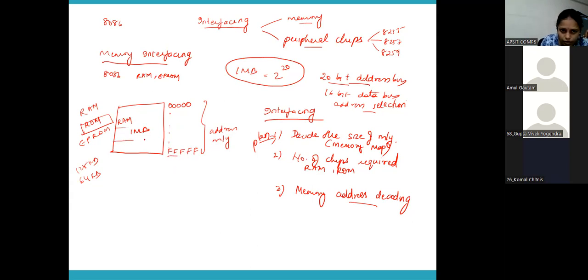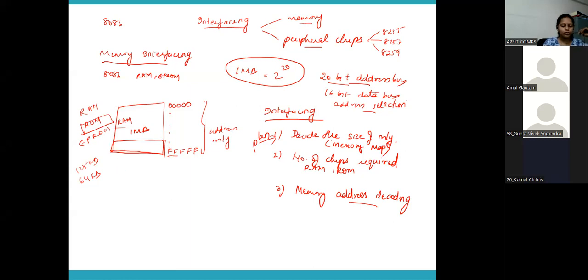That means the last certain locations of your memory are going to be ROM. So while interfacing memory to 8086, you must ensure that at least 4K RAM is available at the beginning of your memory and at least 4K ROM is available at the ending of your memory.